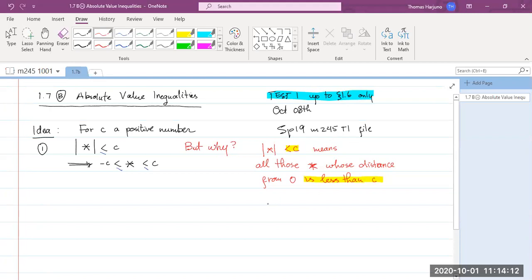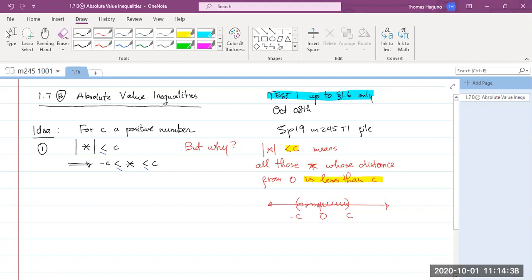Okay, but when we look at the number line, and let's say this is 0, when we say the distance is less than c, it means the distance to the right and the distance to the left. All those blah whose distance from 0 is less than c.